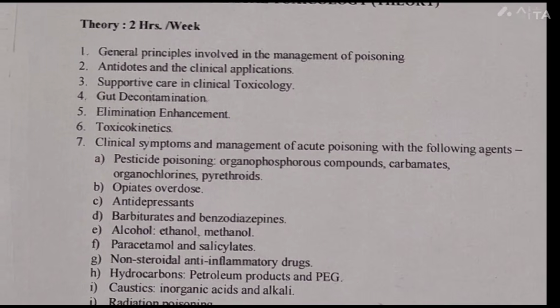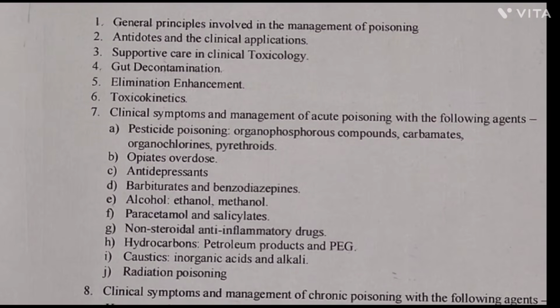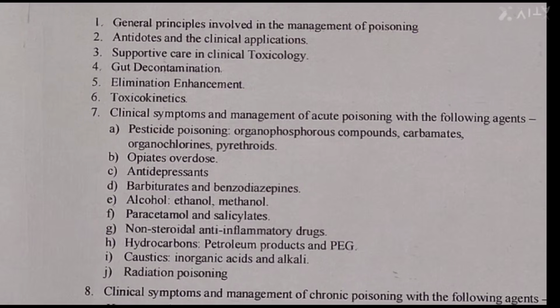Similarly, in section B, we are going to discuss opiate overdose. We might have heard about opiates, what their clinical features are, how we are going to manage and diagnose that, and, as a future clinical pharmacist, what our role is.